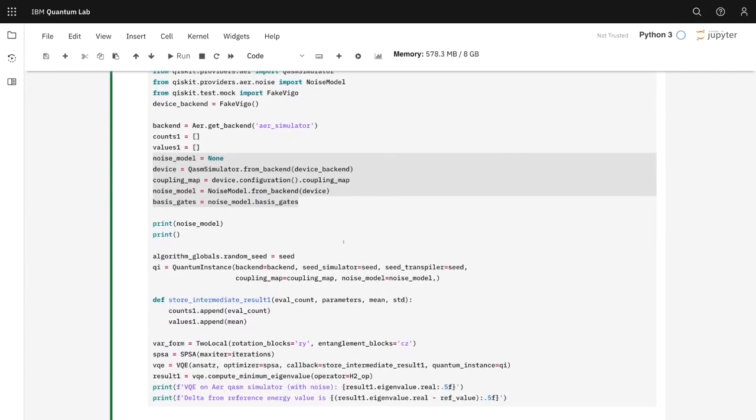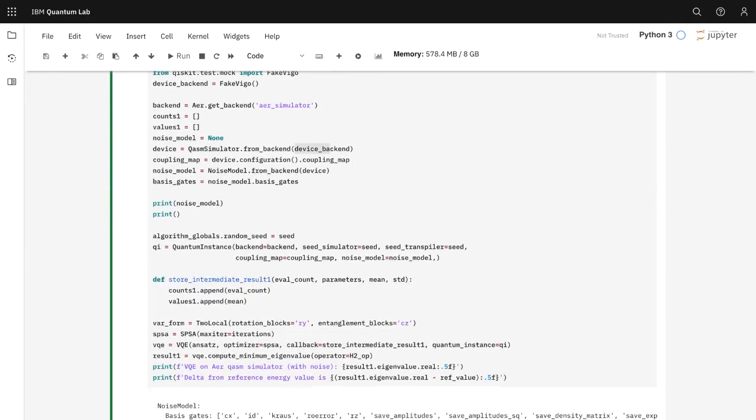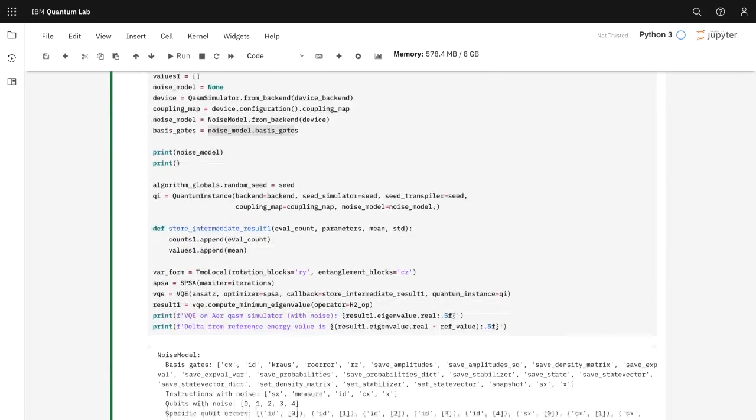So we basically set up where we're going to run it, which is going to be the simulator, and generate a noise model from this fake device, and pass the basis gates that are implemented on that device.